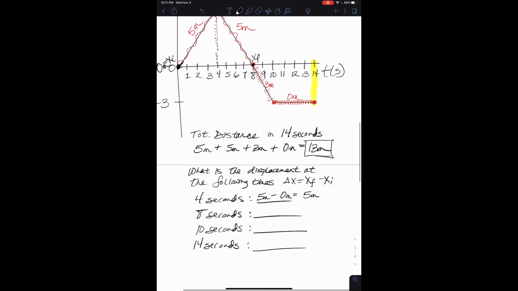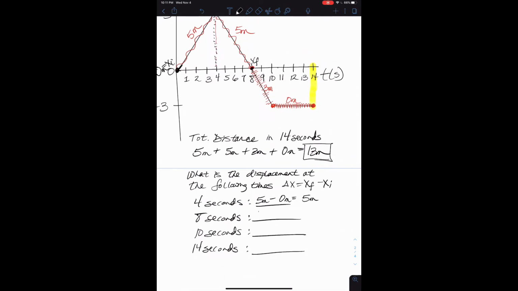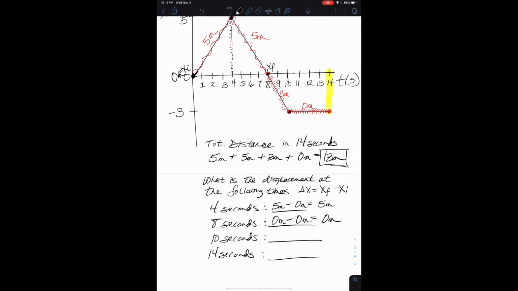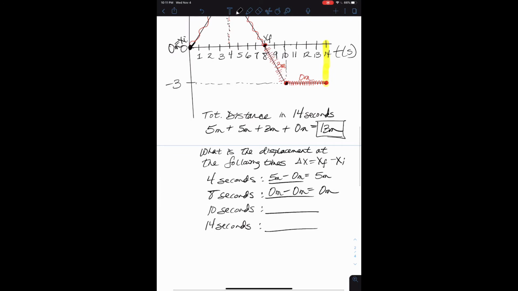Here we have a final position of 0 meters minus an initial position of 0 meters, which is 0 meters. At 10 seconds, our location is what? Here's 10 seconds. This location is -3. So the final position is -3 meters minus the initial position of 0 meters, which is equal to -3 meters.